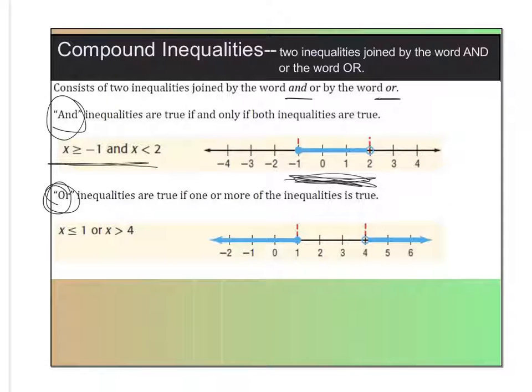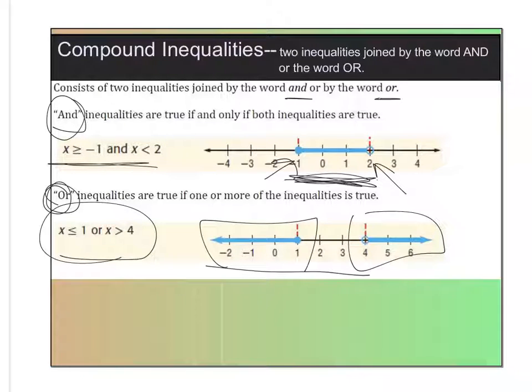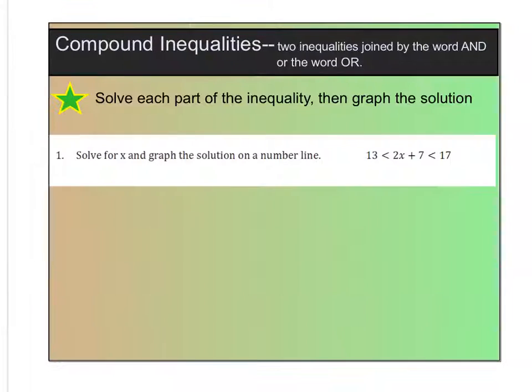This is going to give you the range of -1 to +2, and notice we still have open circle, closed circle, versus "or." This is the situation where either this can be true or this can be true, and you're fine. So a lot of times, if you hear "and," it's going to be arranged like this. If you see "or," they're not going to overlap. Sometimes they do, but it's pretty rare when that happens.